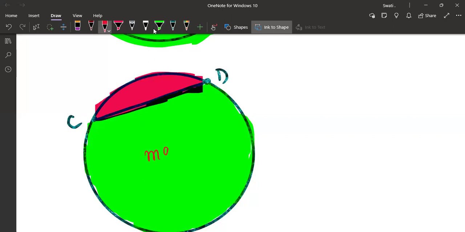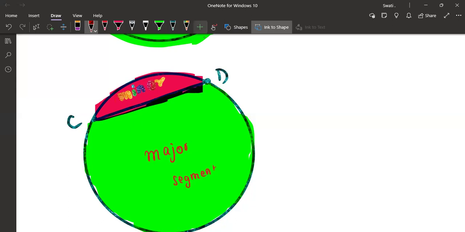This is the major segment. And of course, that is called the minor segment. So if I change the color, I'm not able to write it down, but I'm writing minor segment.